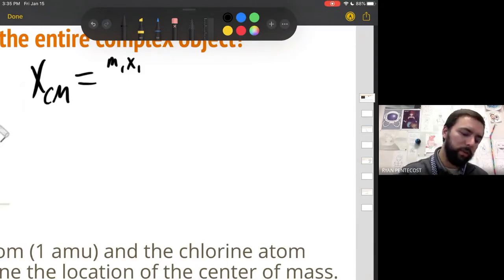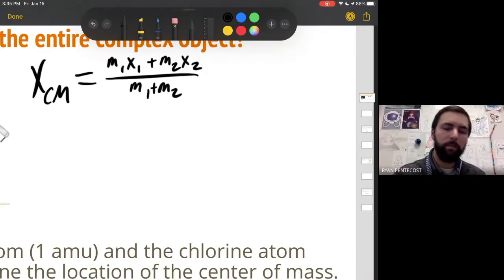X is just a distance. Then you have the mass of a second particle times the distance that particle has from your 0 point. Then divided by the summation of masses. Say you've got two particles. We'll actually do an example down below. But this is how you can find the center of mass of a couple particles. You can even do this for 2 or 3 particles. We'll do that later in this video.